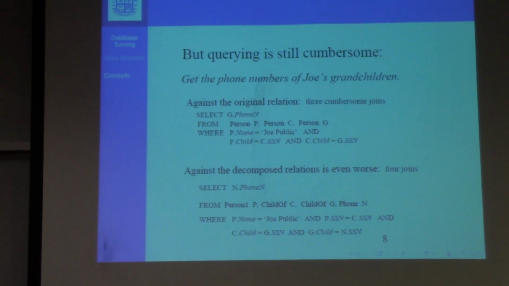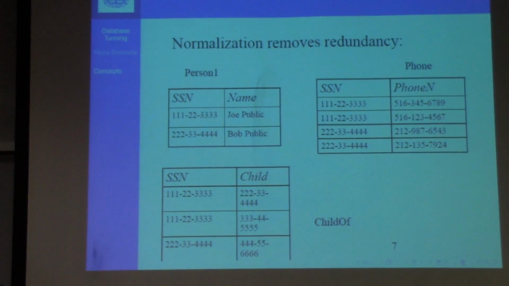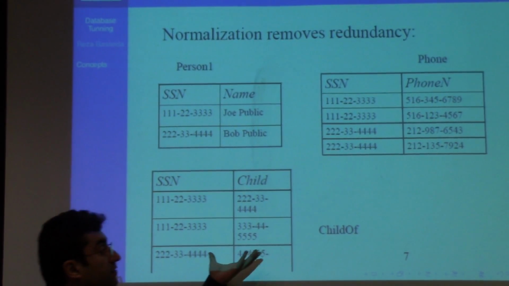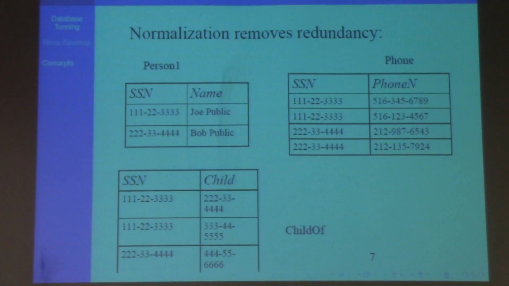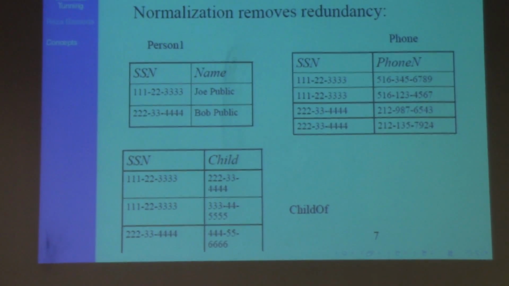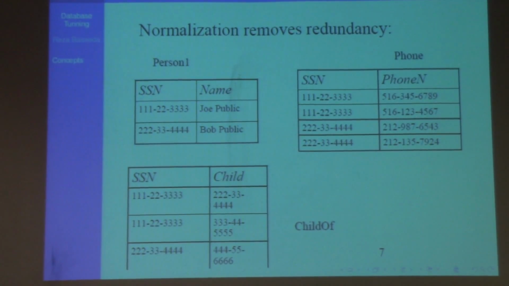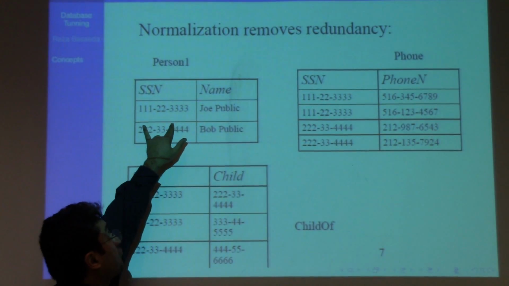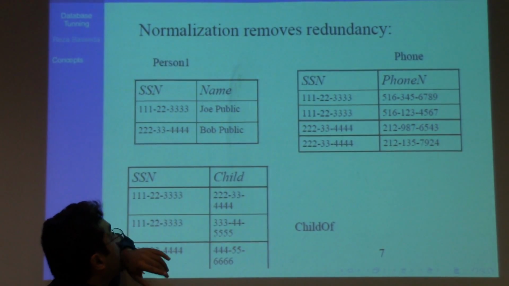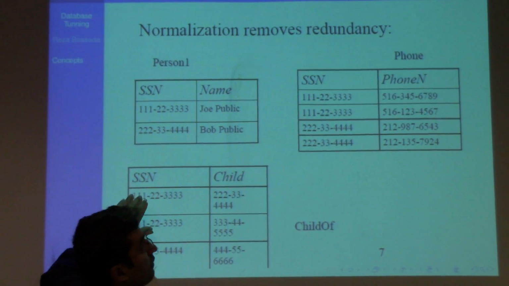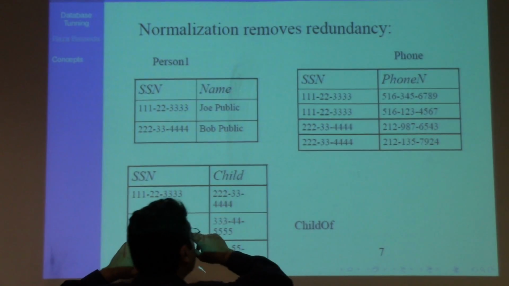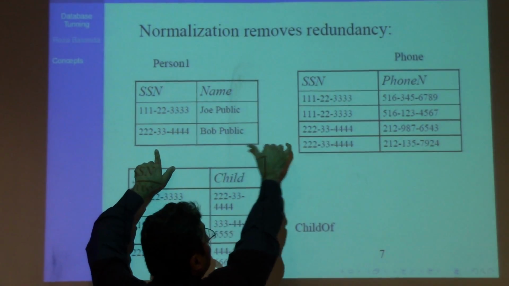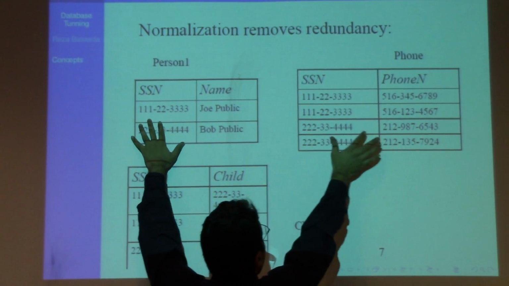You remember we had this example where we divided an unnormalized data table into 3 tables. For example, here we have a table for personal social security number and name, and then we have a table for phone numbers and social security numbers. This is a table personal, this is a table phone.